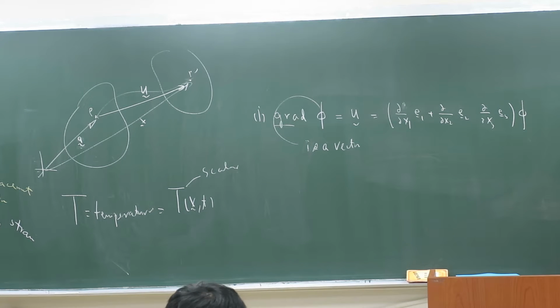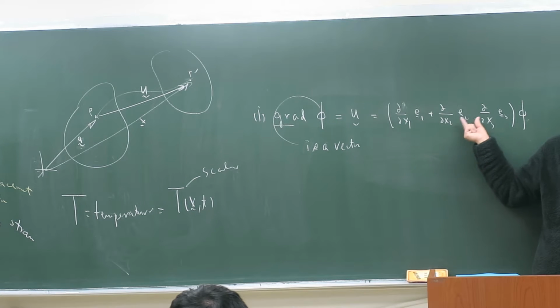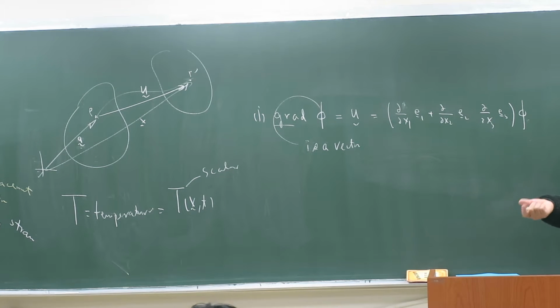It's the gradient. Okay, so phi is a scalar, and its gradient becomes a vector. The variation in the x1 direction may be different from the x2 direction or the x3 direction.